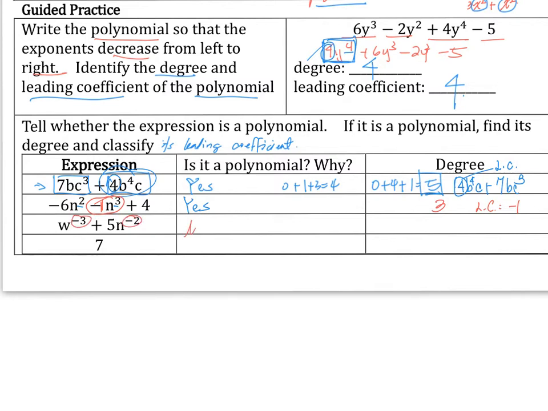So this is not a polynomial. So we go ahead and skip the degree. There's no degree. And the number 7 is a polynomial. Yes, as indicated before, we could assign an x to the 0 power, which still equals 1. So this degree is just 0.